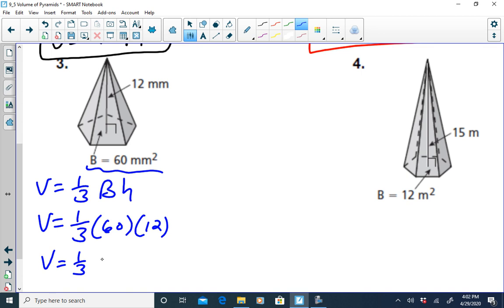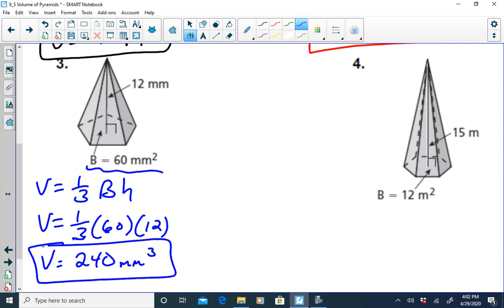Or, actually, let's erase that. Because the volume's going to be 240. 1/3, 60 times 12. 240 cubic millimeters.